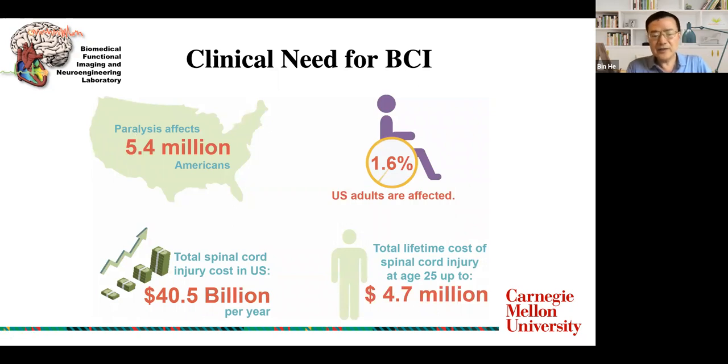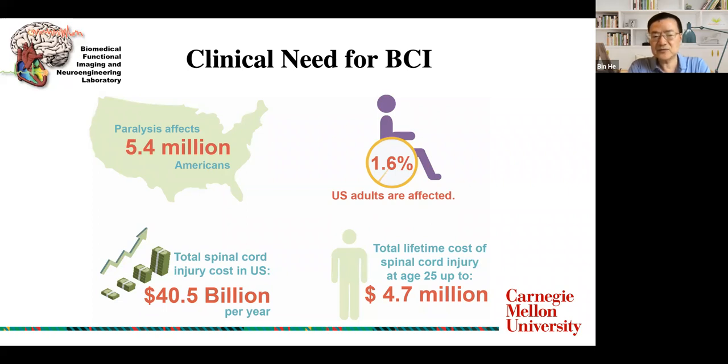Why would we need to do mind control or brain-computer interface? This slide illustrates a snapshot of the clinical needs for brain-computer interface. In the United States alone, there are more than 5 million people who are paralyzed, which includes about 1.6% of US adults.